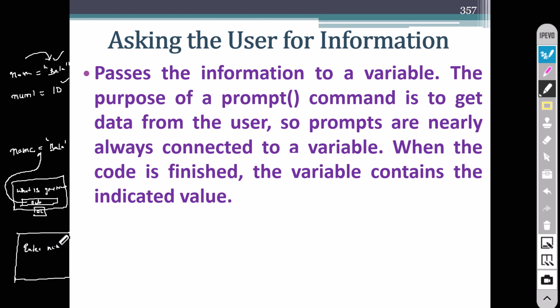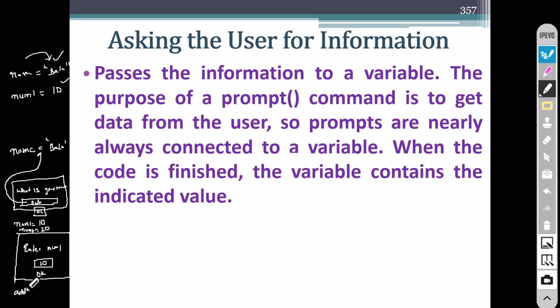Also you can enter a number, for example. So if you want to take an input for a number, enter 10, and then num1 will take the value 10 once you click on OK. Similarly, you can do it for num2, num3, and whatever the variables you have taken.